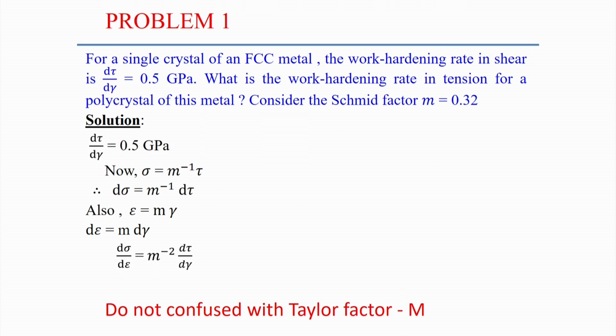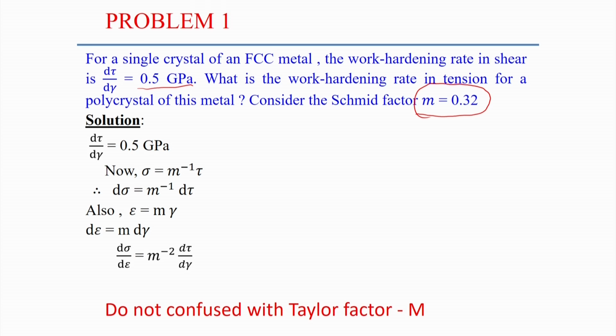Here, for a single crystal of an FCC metal, the work hardening rate in shear is given as 0.5 gigapascal. What is the work hardening rate in tension for a polycrystal of this metal? Consider the Schmidt factor M equal to 0.32.